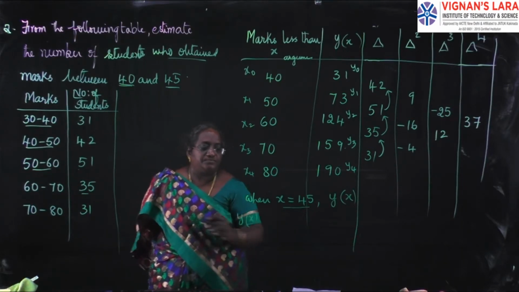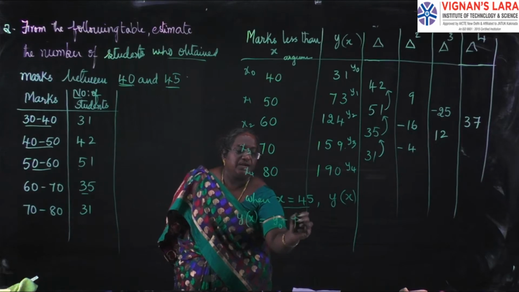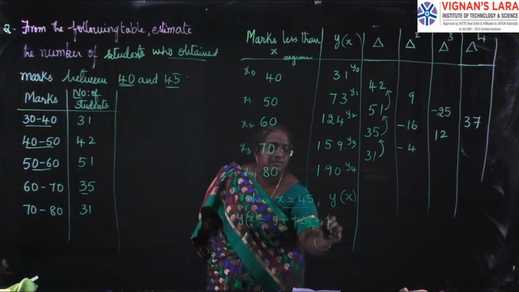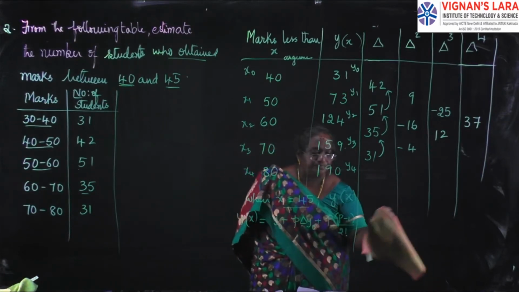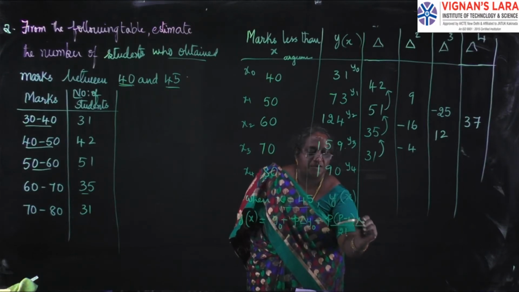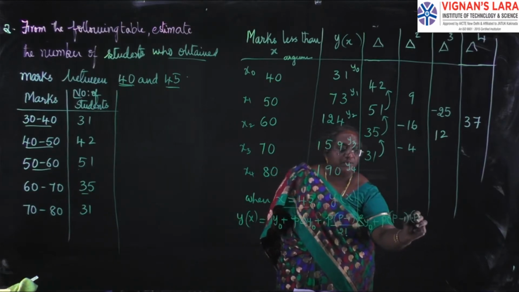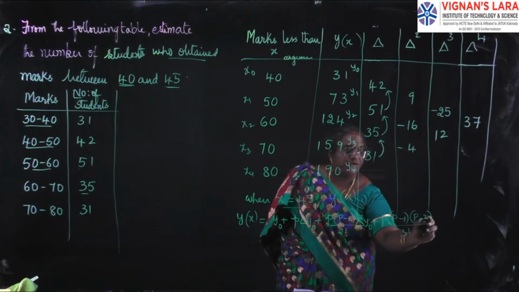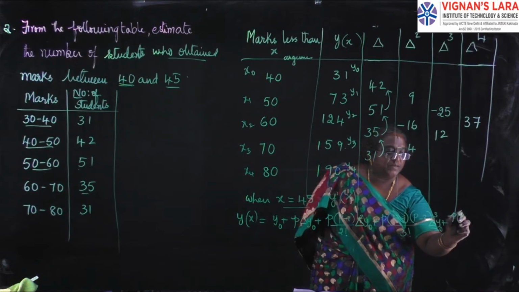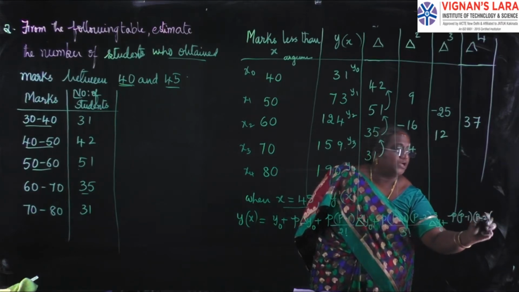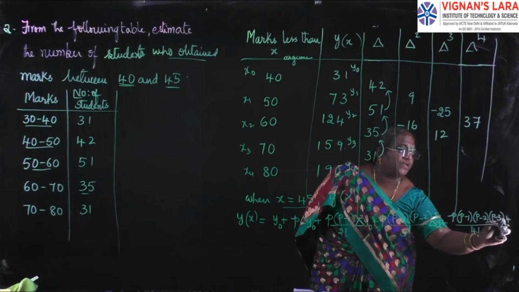y of x is equal to y naught plus p del y naught plus p into p minus 1 by 2 factorial into del square y naught plus p into p minus 1 into p minus 2 by 3 factorial into del cube y naught plus p into p minus 1 into p minus 2 into p minus 3 by 4 factorial into del power 4 y naught plus so on.